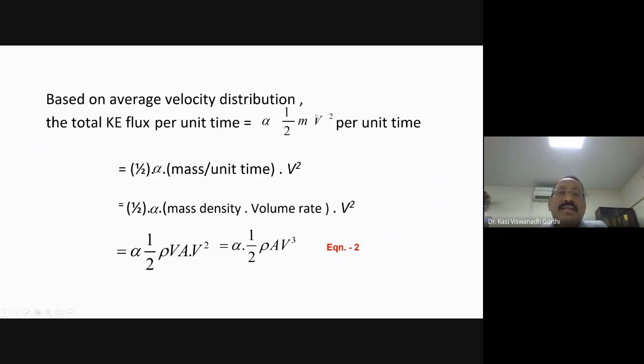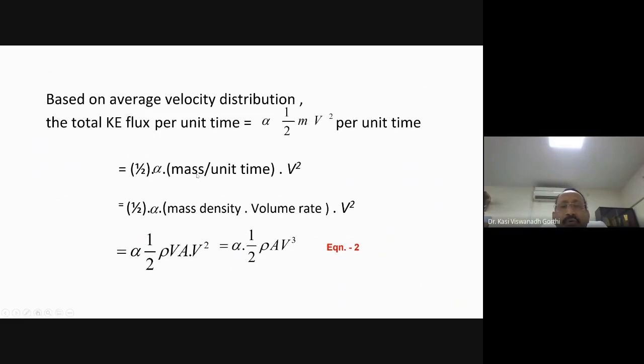Since you are taking this kinetic energy flux based on the mean velocity distribution, you need to correct it by multiplying with the correction factor alpha. So alpha into half m v square per unit time will be the kinetic energy flux based on the mean velocity distribution. Half of alpha into mass per unit time into V square.